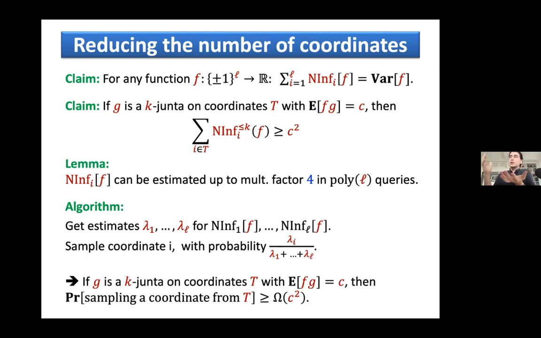And notice, of course, we don't know T. That's a problem. T was this hypothetical best set of coordinates for which we have the best junta. How can we make it into an algorithm that reveals all the coordinates?